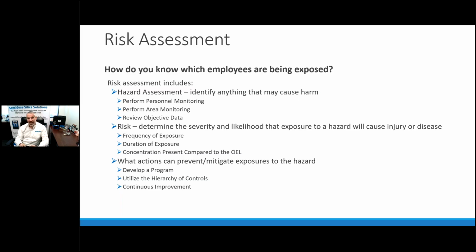You would identify this through personal monitoring, area monitoring, and review of objective data. The risk assessment determines the severity and likelihood that exposure to a hazard will cause injury or illness. So things like frequency of exposure, duration of exposure, and then the concentration that's present compared to the OELs.